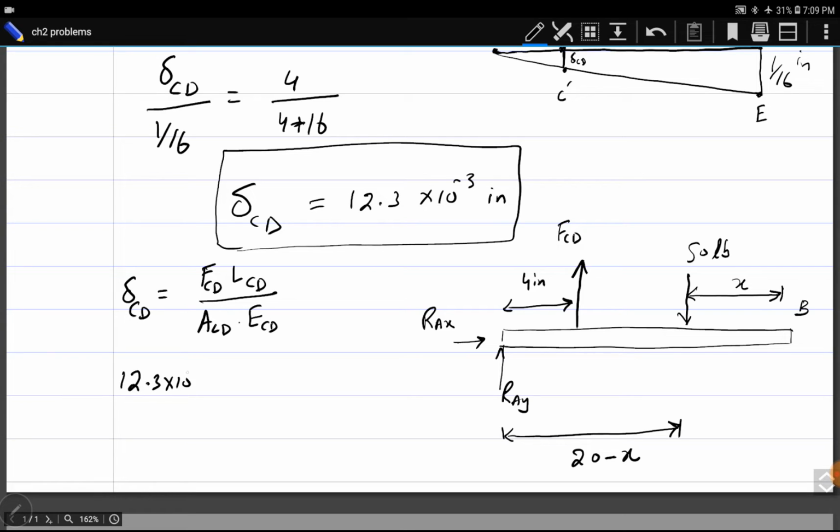12.3 into 10 power minus 3 is equal to FCD into length, which is 12.5 inches. Area is pi by 4 into diameter, diameter is 3 by 32 square, and E is 29 into 10 power 6.